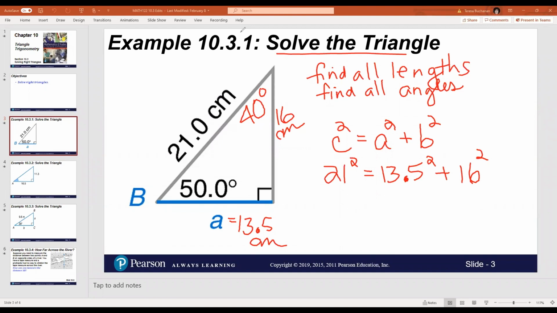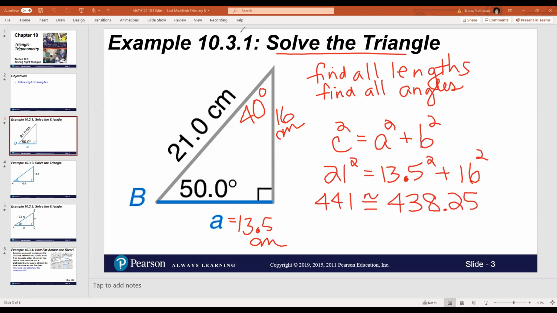21 squared, 441. And again, we're not expecting precision, but 13.5 squared plus 16 squared. So what you see is in this example, 438.25, as I said, remember that we did some rounding on those side lengths.